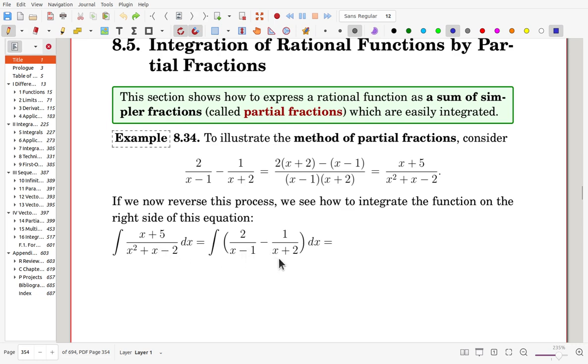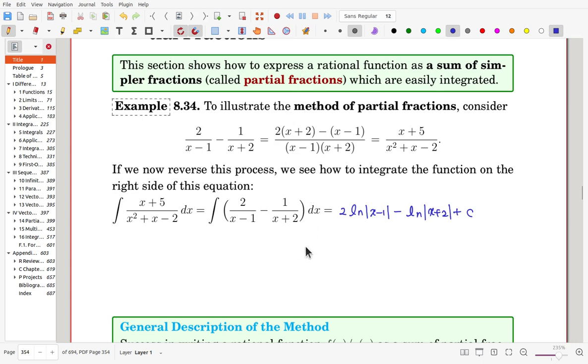Then each of them can be easily integrated. For the first term, it is twice the logarithm of x minus 1, right? And for the second one, that is the logarithm of x plus 2, right? And integration constant c. Okay, that's the main idea of the method of partial fractions.